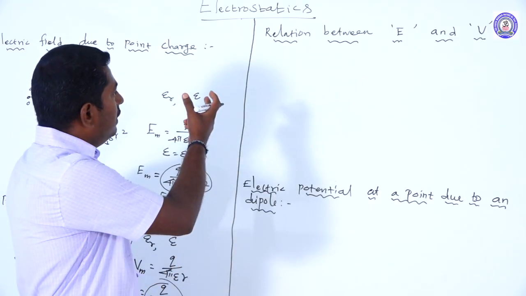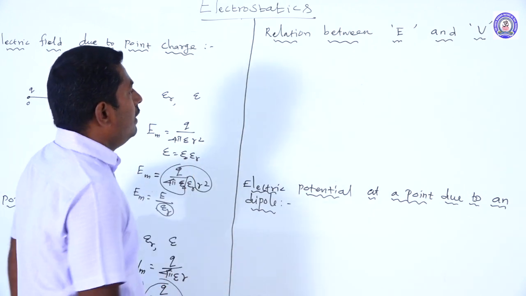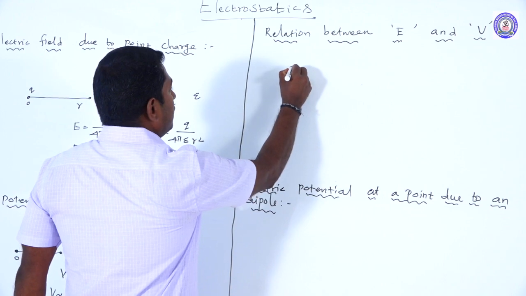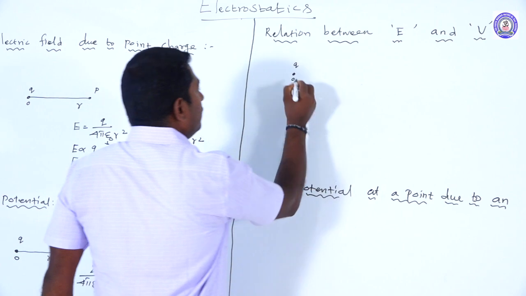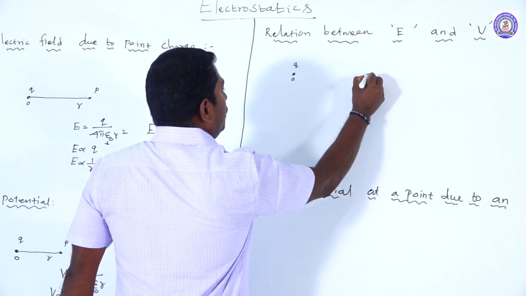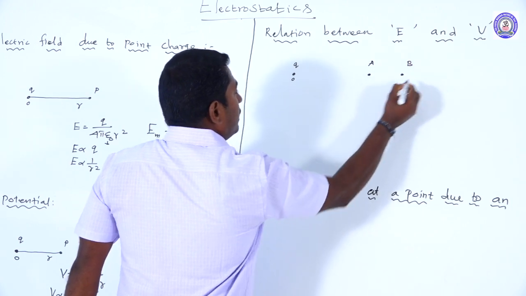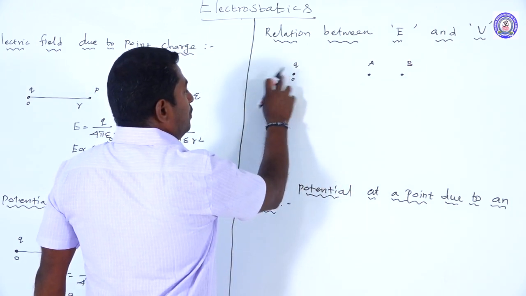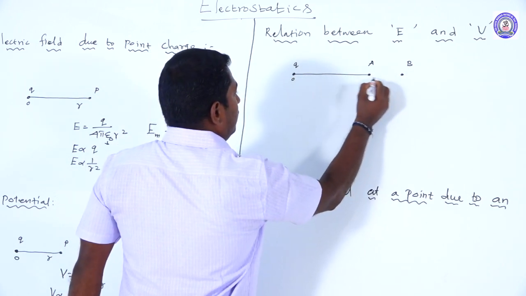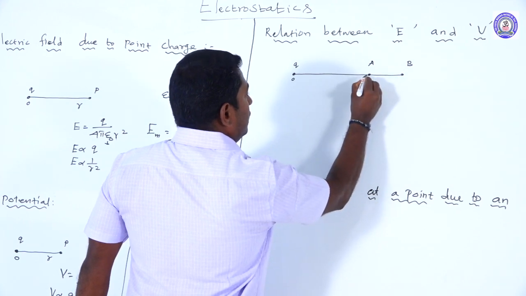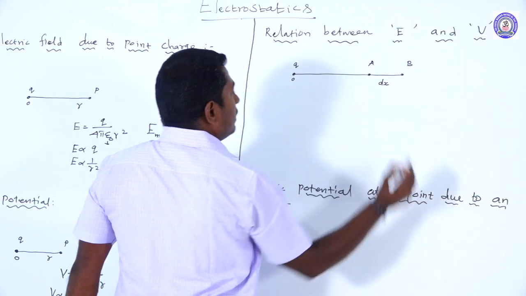Next topic, the relation connecting electric field intensity and electric potential. Let us consider one point charge Q placed at this point O in vacuum. Let me assume two points, A and B, in the electric field produced by the point charge Q. The distance between the two points is dx.